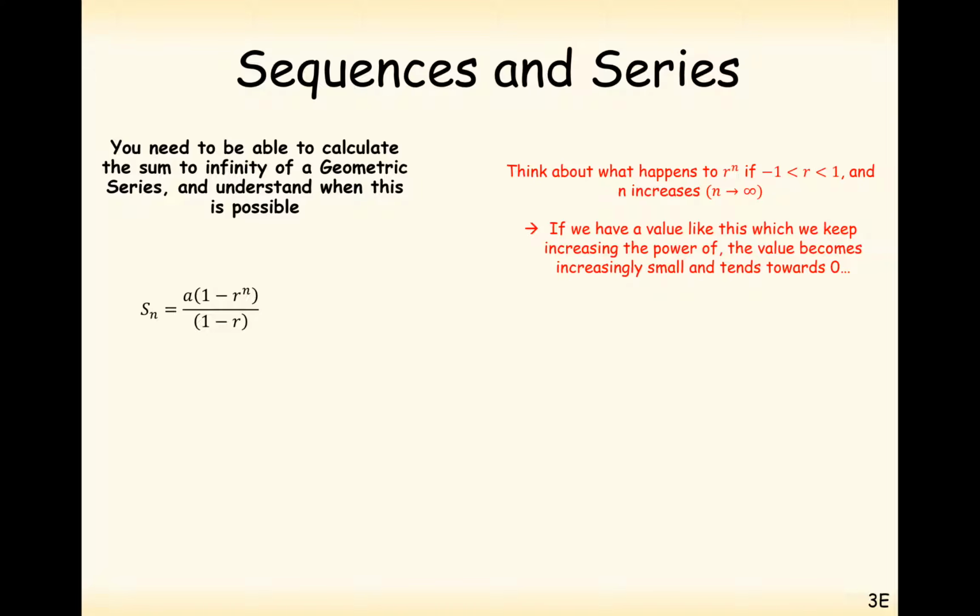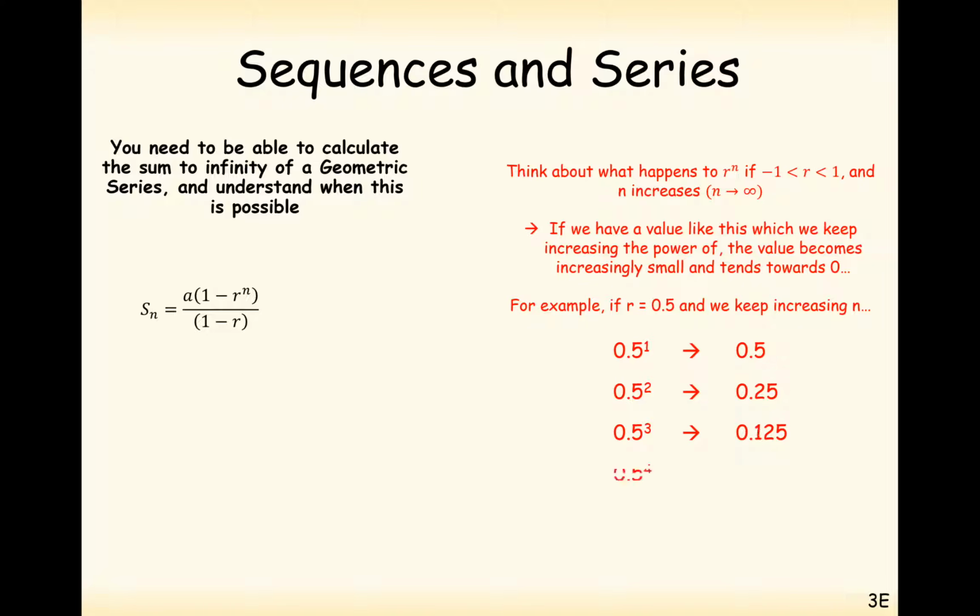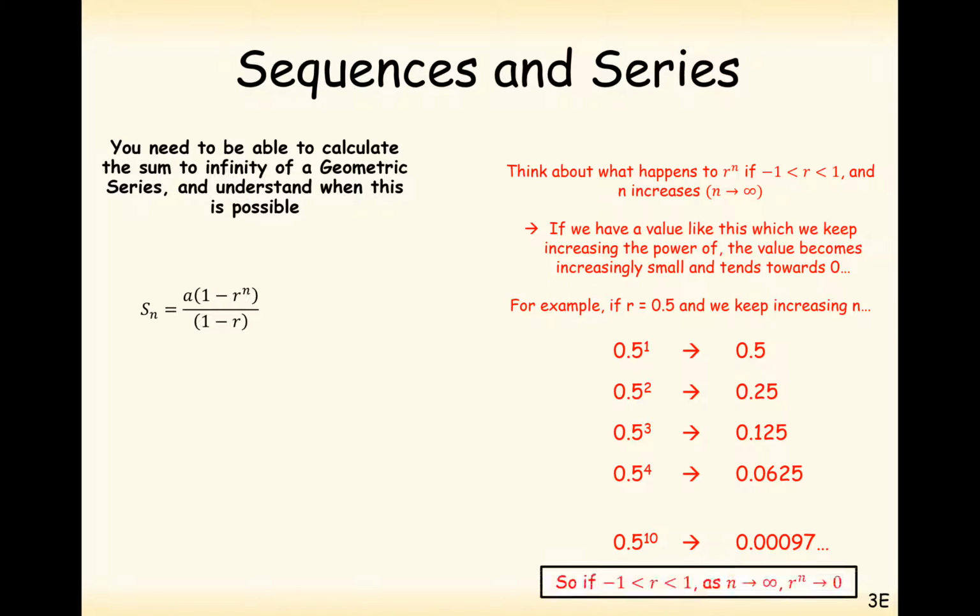If you do a half to the power of 2, you get a quarter, and so on and so on, such that that value will get infinitesimally small and virtually tends towards 0. So if you do it with 0.5, as we increase the power on the 0.5s, the r to the power of n term just tends towards 0, and after you've reached infinity, it's nothing, it's 0.